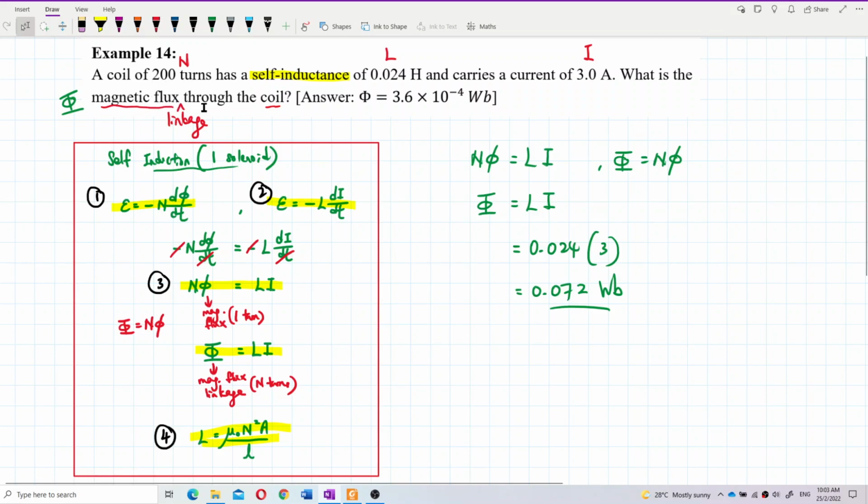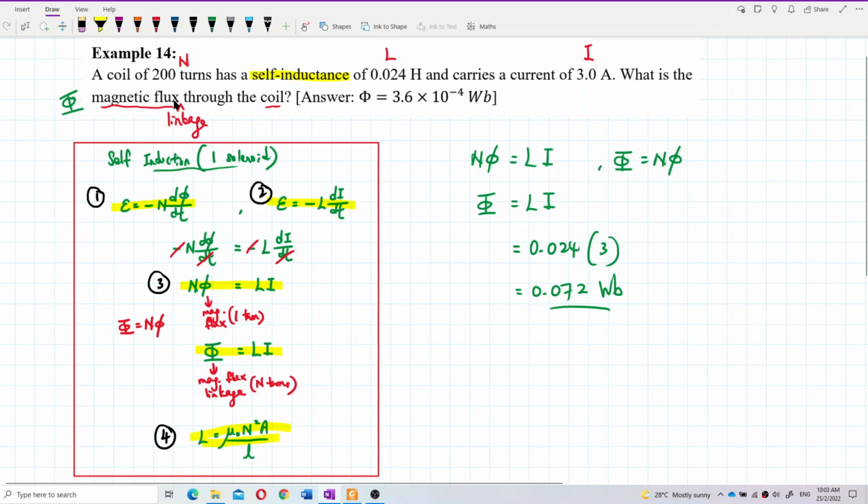This question is not very clear, but he gives us 200 turns, so it seems the magnetic flux is just for one turn.